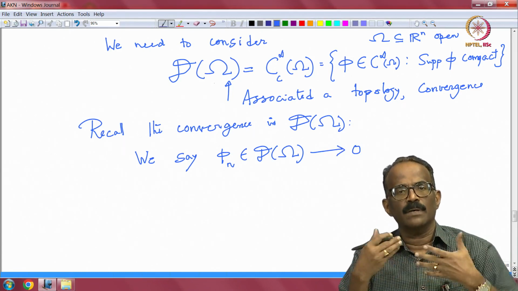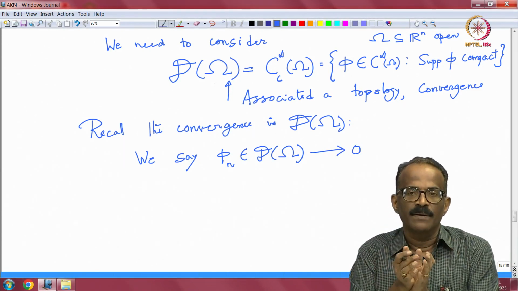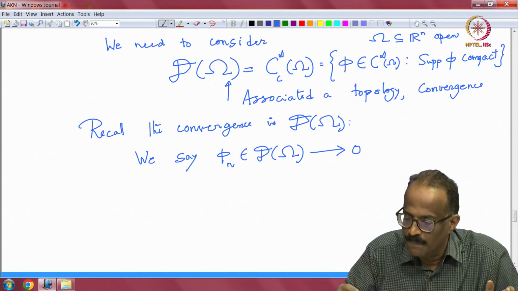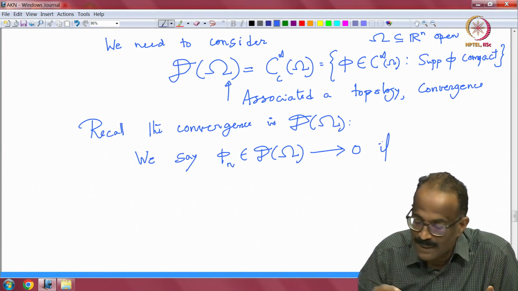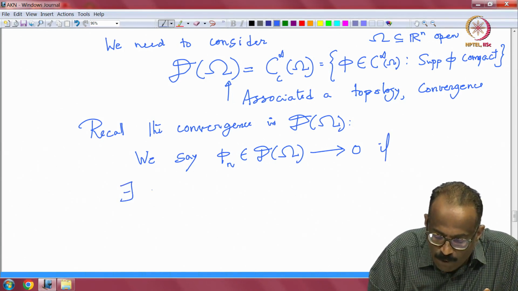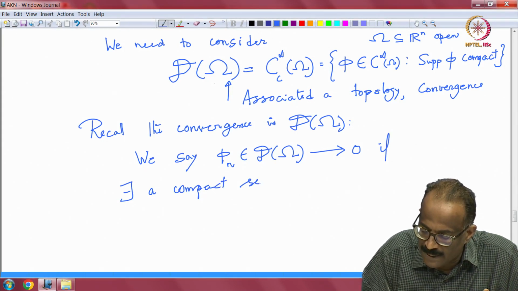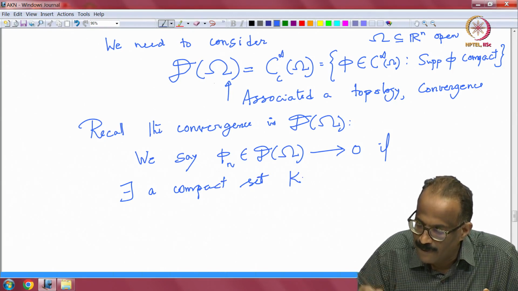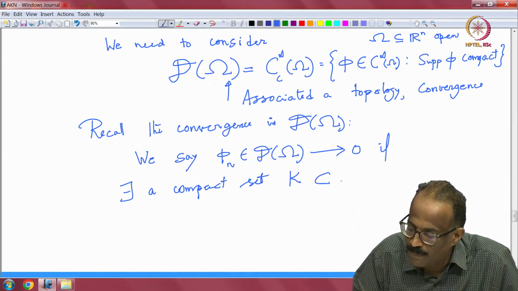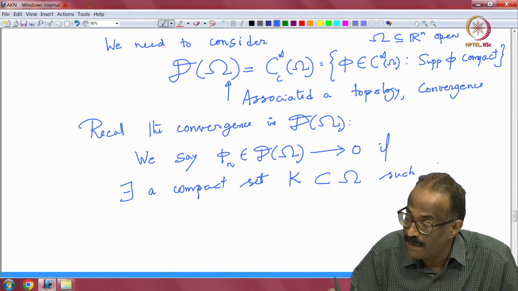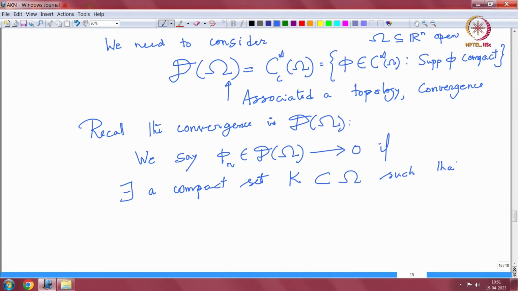You can also talk about phi_n converges to phi, which is equivalent to saying that phi_n minus phi converges to 0. This is very important: there exists a compact set K contained in omega such that, so the existence of a compact set is a part of the definition of the convergence.